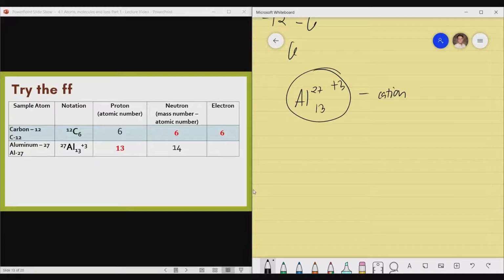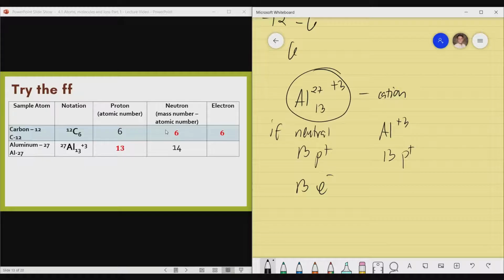Sige, ganito. So, originally, if neutral siya, 13 protons and then 13 electrons lang din. Okay? So ngayon, na naging Al plus 3 na siya, ang number of protons niya ay 13 pa rin. Hindi magbabago. Now, what about the electron?